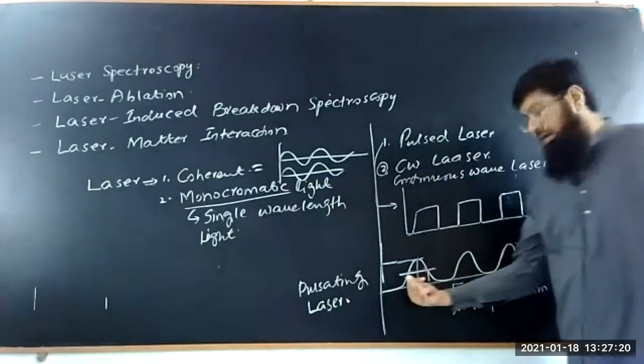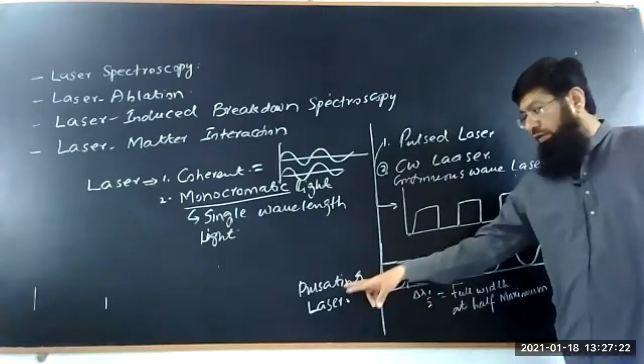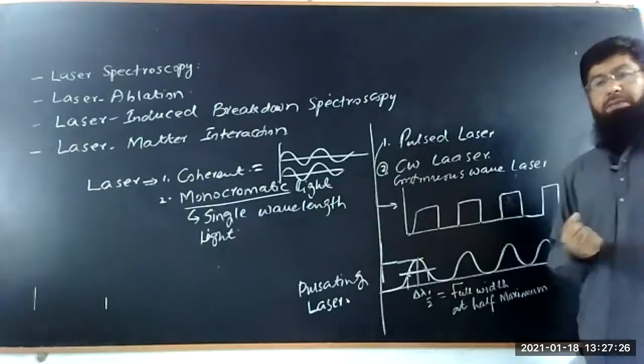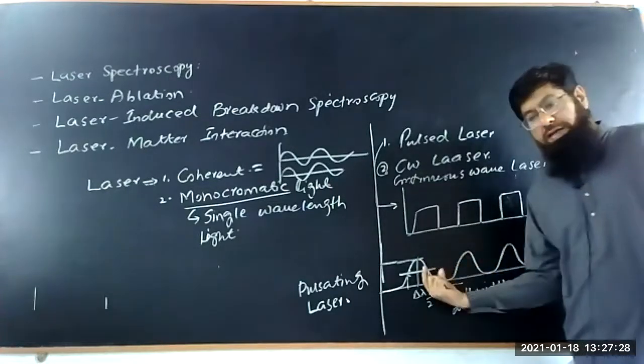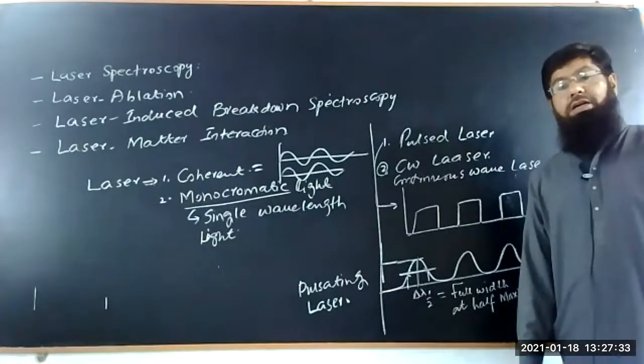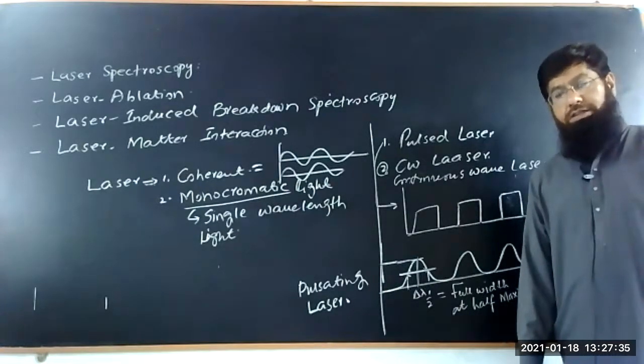The light emitted from the laser is in the form of pulses, and we call it a pulsating laser. How many pulses are emitted per second is called the repetition rate.